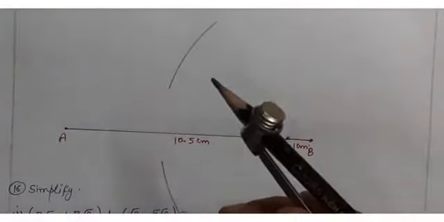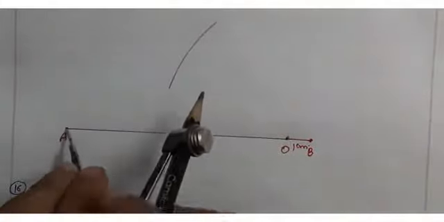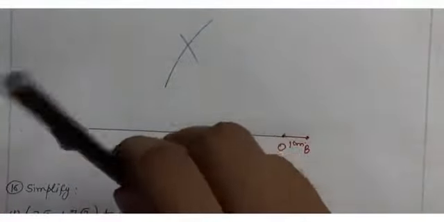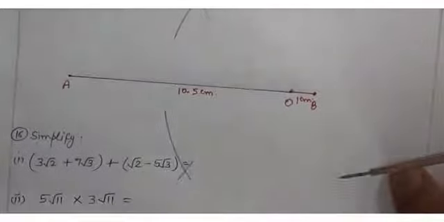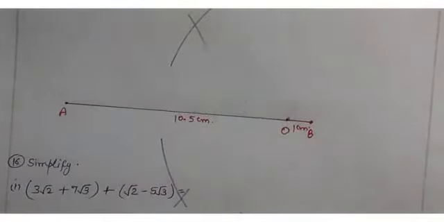From this side also, I am putting the needle on A and cutting an arc going down. Now it is easily visible.